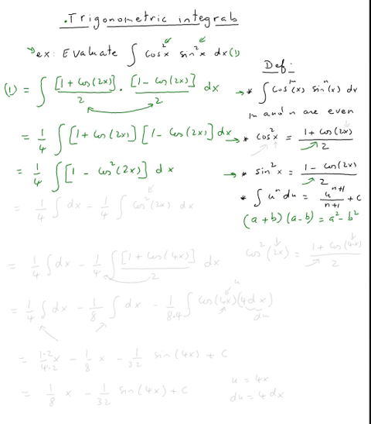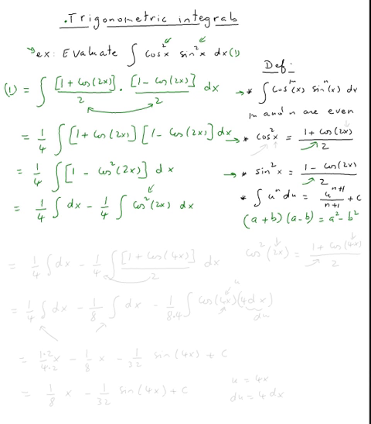Right? Now how do we do this? This is the same thing as, distribute the 1 over 4. This will be 1 over 4 integral of dx minus 1 over 4 integral of cosine squared 2x dx.